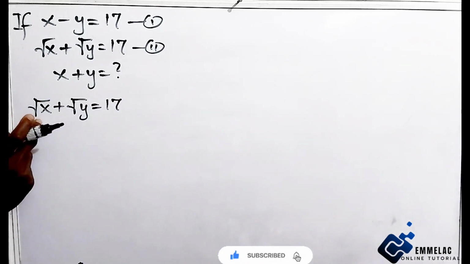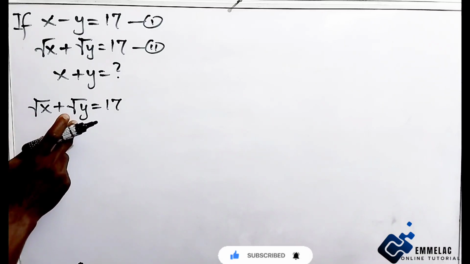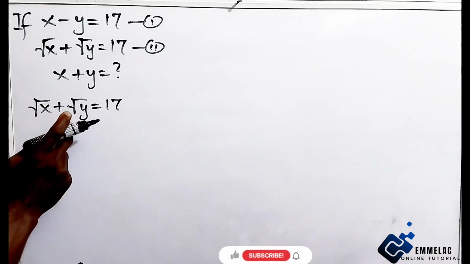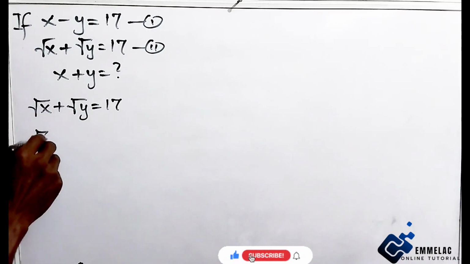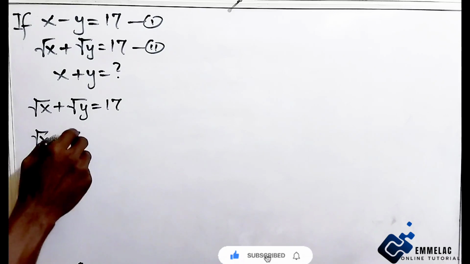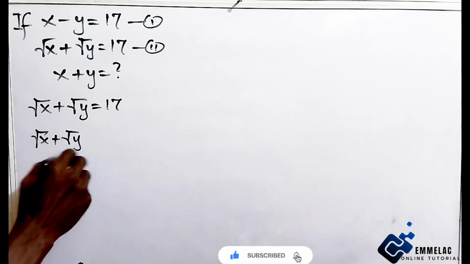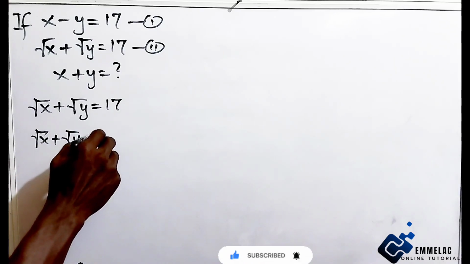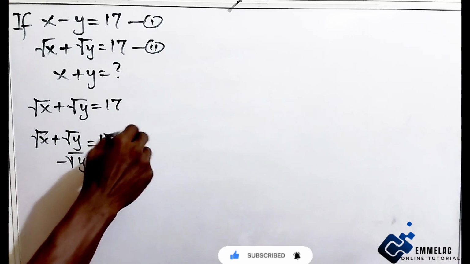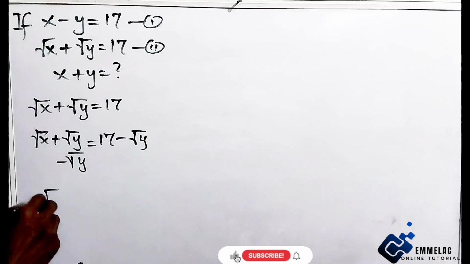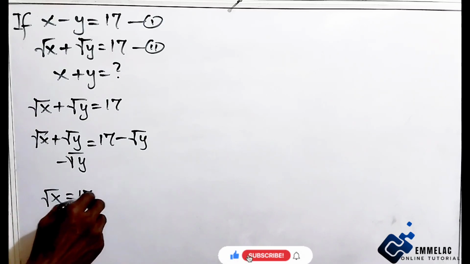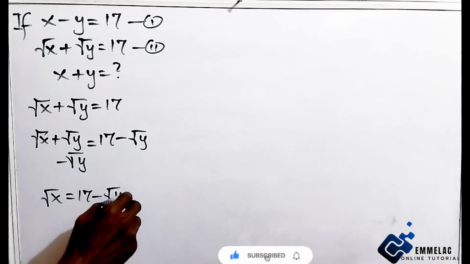Now, making the square root of x the subject, let us subtract the square root of y from both sides, then minus the square root of y equals 17 minus the square root of y. So we can eliminate this. So the square root of x will give us 17 minus the square root of y.